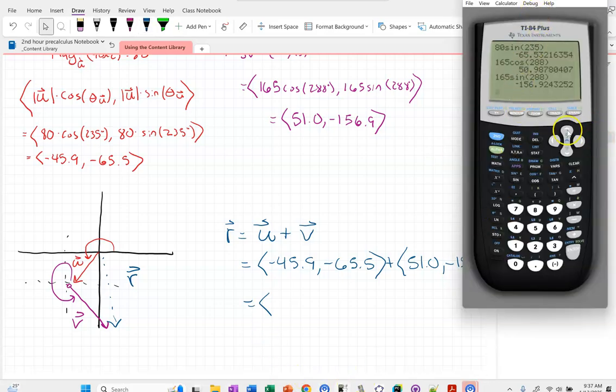So I have both those numbers on my calculator already, so I'm just going to pull them there. So that's my x component. This would be my y component. So 5.1, negative 222.5.